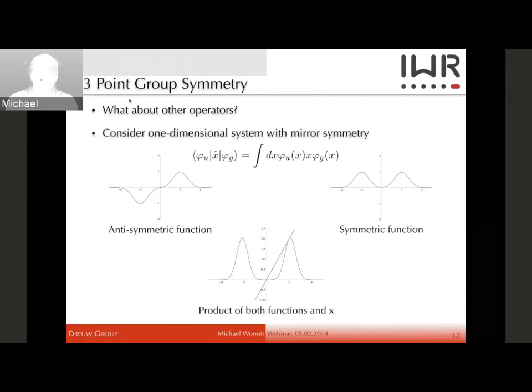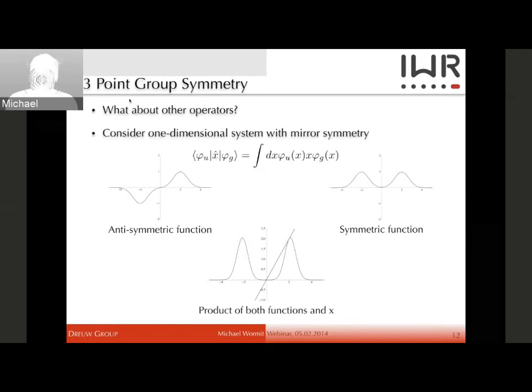So from this you can see that this matrix element is non-zero only if the integral kernel you are integrating over is gerade, or totally symmetric in this case. And this is the general rule for non-zero matrix elements, and how you make use of point group symmetry for other operators besides the Hamiltonian.